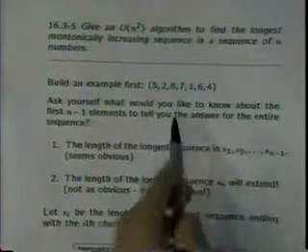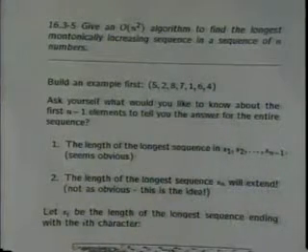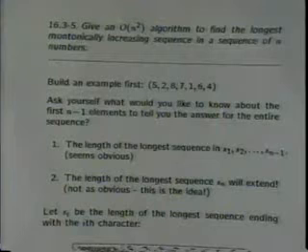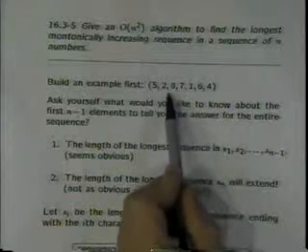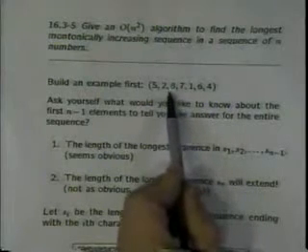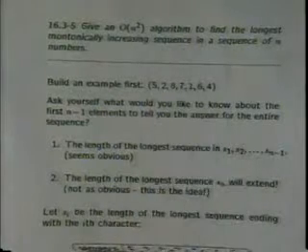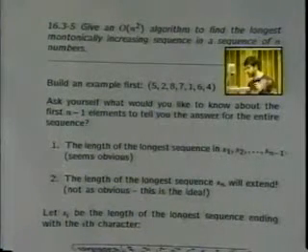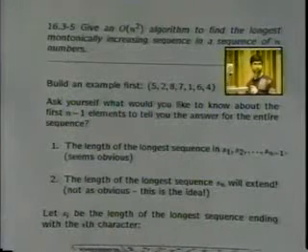So what would the longest increasing monotonic sequence be for this particular example? Any ideas? Some people say, well, 2 and 6. You could have 1 and 6. The other thing, and this is maybe the tricky part, is that nothing here says that this sequence is connected.